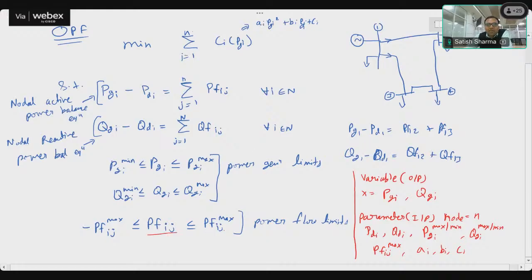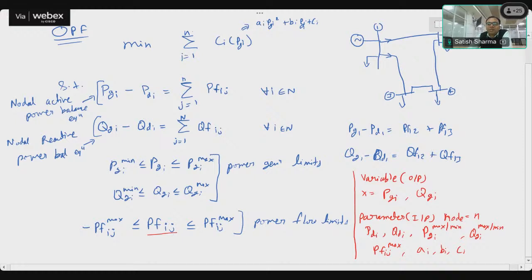So if I look at a, I have defined that I have to supply this a because it is parameter. Pgi I have defined as a variable, that I will get as an output. B as well and c as well, so these are input, pgi is the output. If I look at this particular pgi, it is my variable, pdi is parameter, I have defined it. Pfij I have not defined so far.